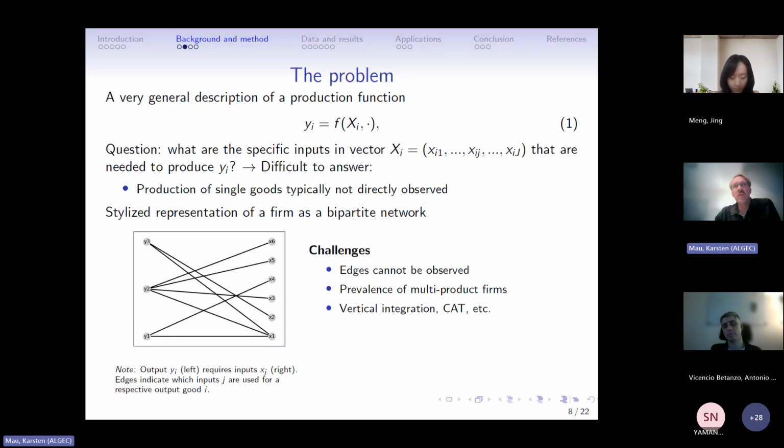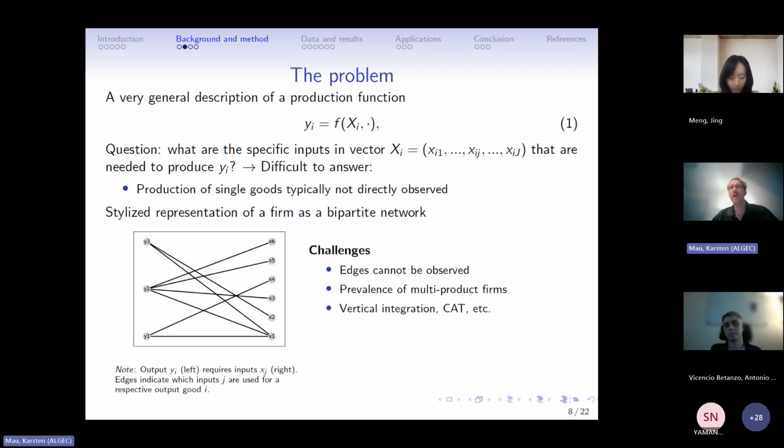Firms may choose different degrees of vertical integration. So if we observe several firms that sell Y1, Y2, and Y3, they might have different input purchases because they have different degrees of vertical integration. So we also don't observe an intermediate production step. This is something that we cannot fix in our current approach.